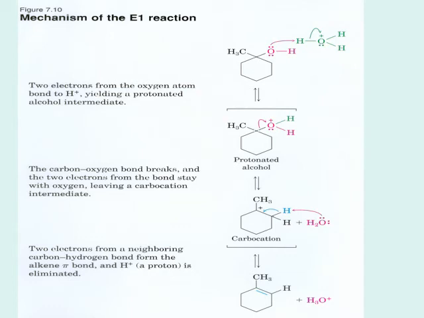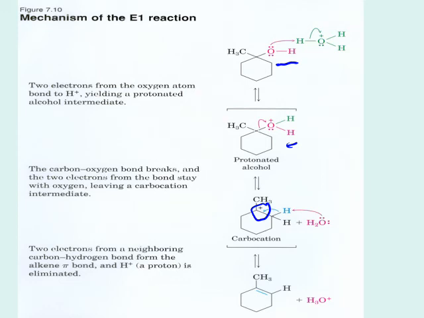Now you're seeing the mechanism of E1 reaction. Focus on this. This is cyclohexanol, you can see here. Then it is protonated, it gets hydrogen plus. And then H2O leaves as a neutral molecule, and that would generate a positive charge on that carbon, or it's going to make a carbocation.